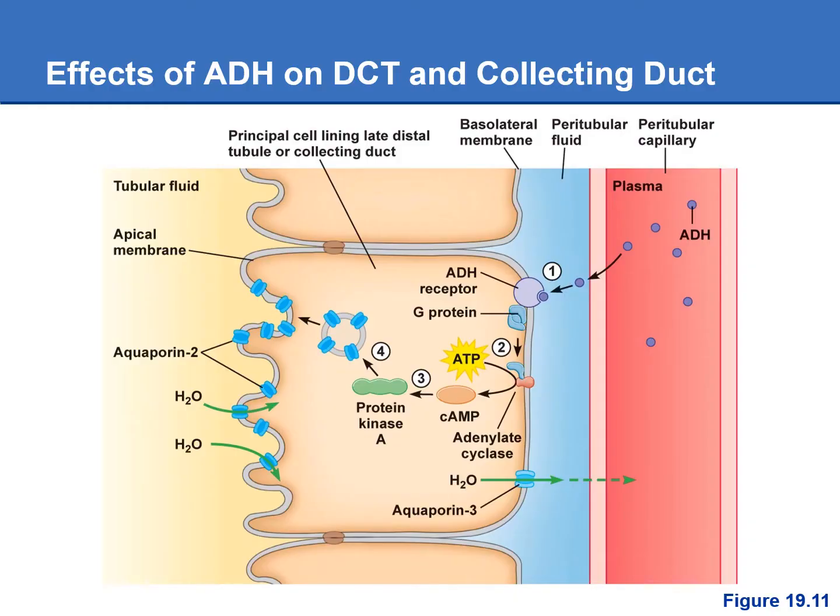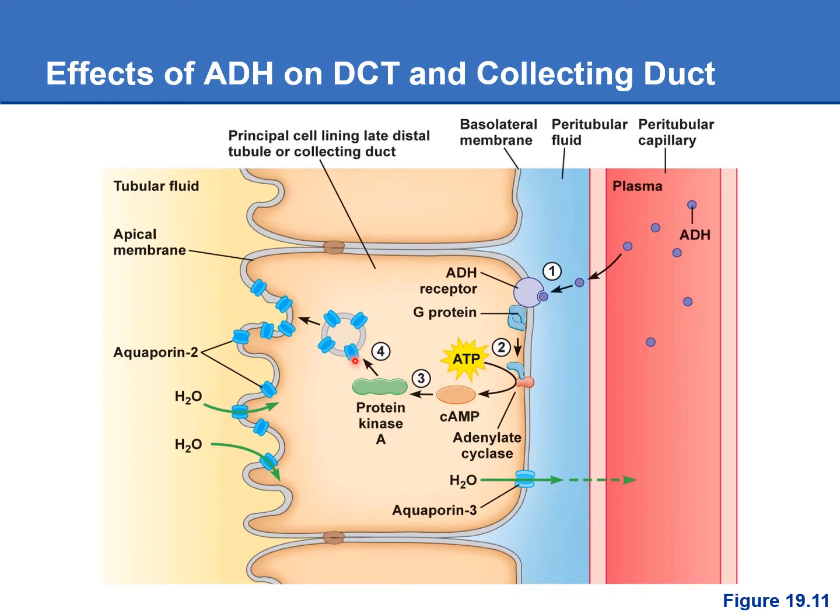And this is just a picture showing the ADH, which was released from the posterior pituitary gland. It's a protein hormone, so remember those are hydrophilic. They're going to bind to a cell surface receptor here on the collecting duct, and this happens to be a G protein linked receptor. We activate our enzyme here, make our second messenger.